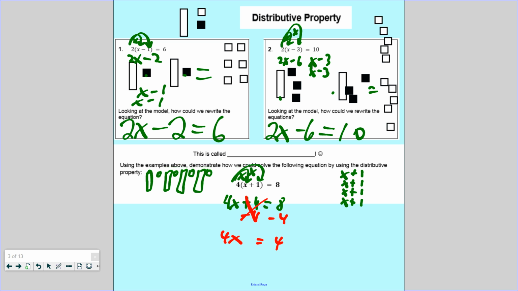So I simplified it. This becomes 0 pair. So 4x equals 4. For this one, I have 4 positive. I need to just divide it among the 4 x's. This cancels out. So x equals 1. So what we just did here is we simplified.